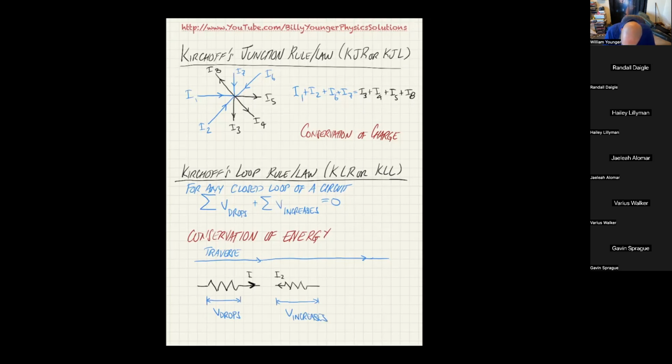Also, if you run into a battery and it's oriented that way, this is a voltage increase.